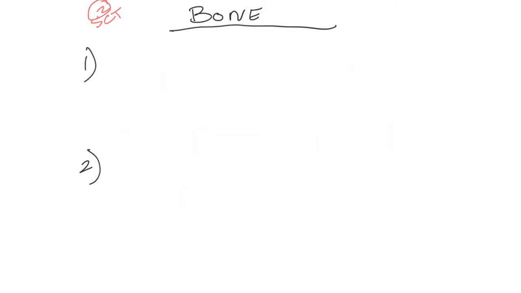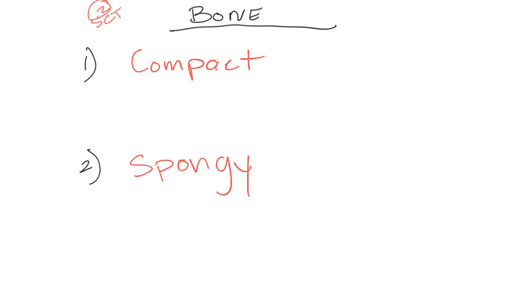All right, bone, another supportive connective tissue. We have two types: compact bone and spongy bone. And we'll get more into that when we talk about bone in the next couple weeks.